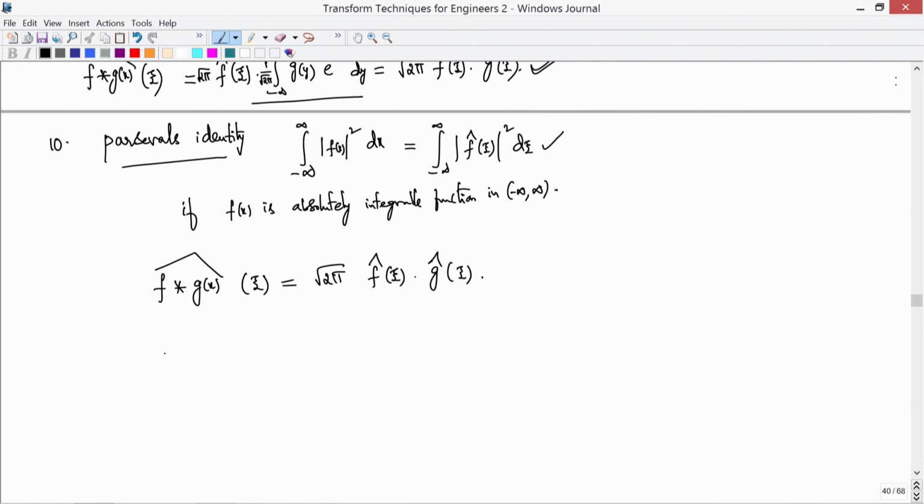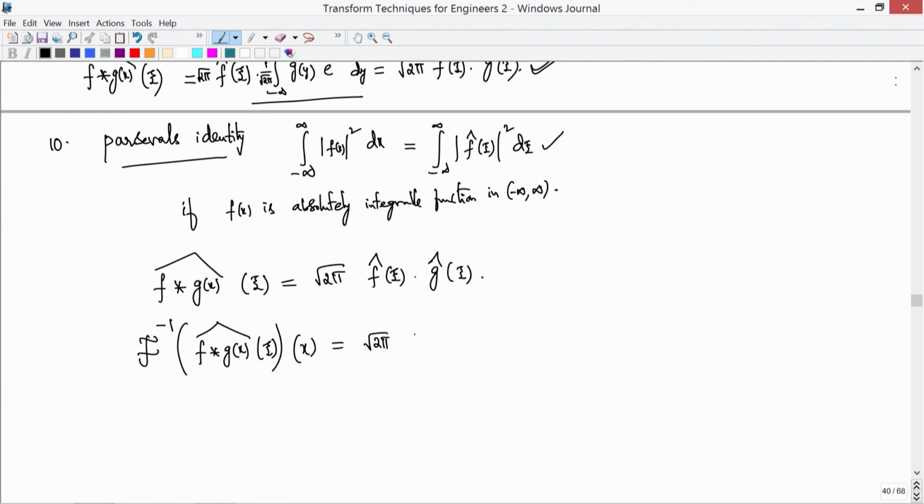If I take the inverse transform of f star g cap of x, as a function of xi, then what you get is finally a function of x. Okay. So, this is root 2 pi times the inverse transform.